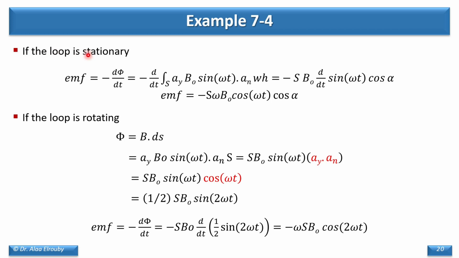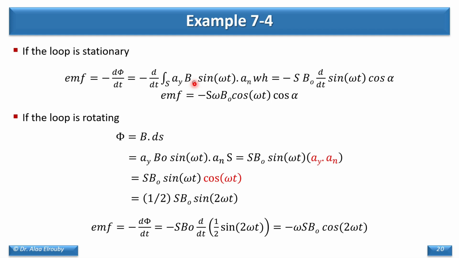The first condition, when the loop is stationary: EMF in all cases equals minus d phi by dt. In this case, phi equals B, this expression as a function, this is B in the a_y direction, dot product with dS, because the field is constant. It is not depending on x nor y nor z.